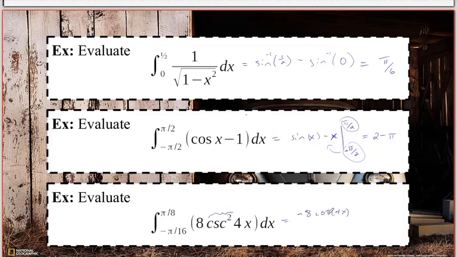If we take the derivative of this, because of the chain rule, we're going to have to multiply that 8 by a 4. So instead, what we should do for the antiderivative is preemptively counteract that with a divide by 4. So this will come out to be a negative 2 cotangent 4x, and you're going to evaluate that from negative pi over 16 to pi over 8. And I believe what I will get is a negative 2.